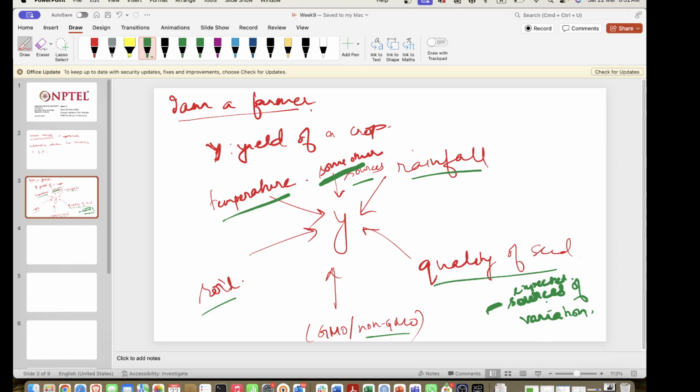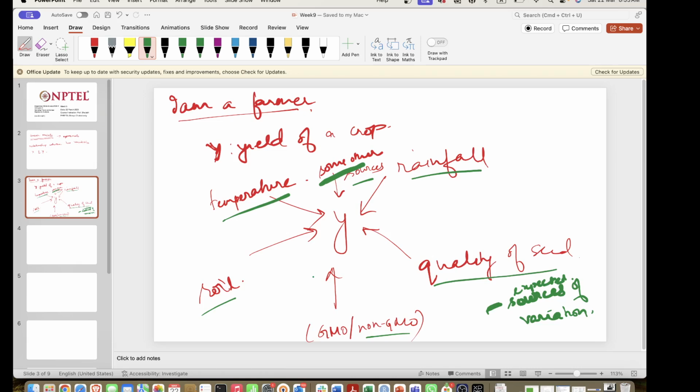If we go deeper, we just can't use expected sources of variation to describe these things, but to convey the idea, I am just calling these factors which seemingly influence y my expected sources of variation.